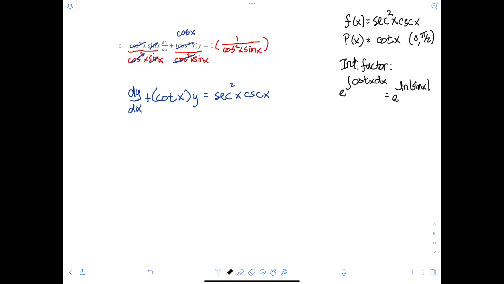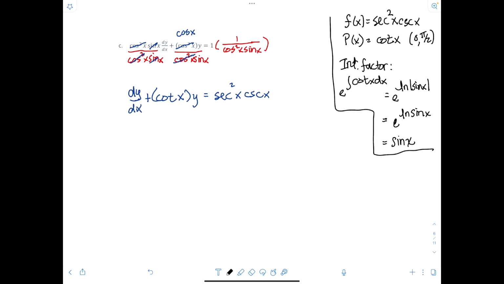And then that means that we can take the absolute value bars off over here. And when you evaluate the natural exponential at the natural log, you just get what's inside there, which is sine of x. So much easier, isn't it?